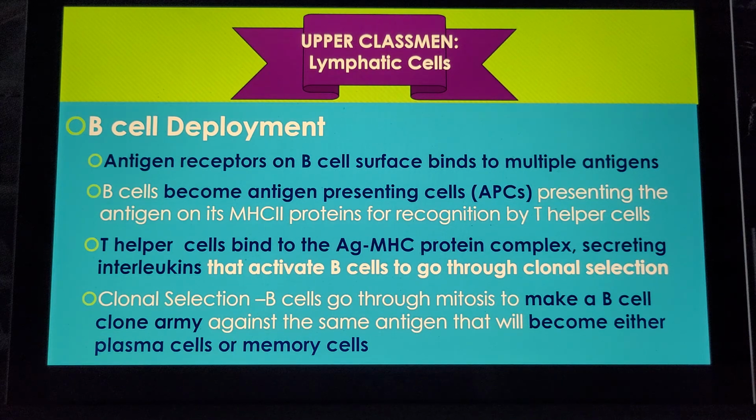So our B cells can work as an antigen presenting cell. There are receptors on the B cells. They have different structures, so different genetic varieties of B cells have different shaped receptors. When that receptor binds to a foreign pathogen, then they can become an antigen presenting cell.